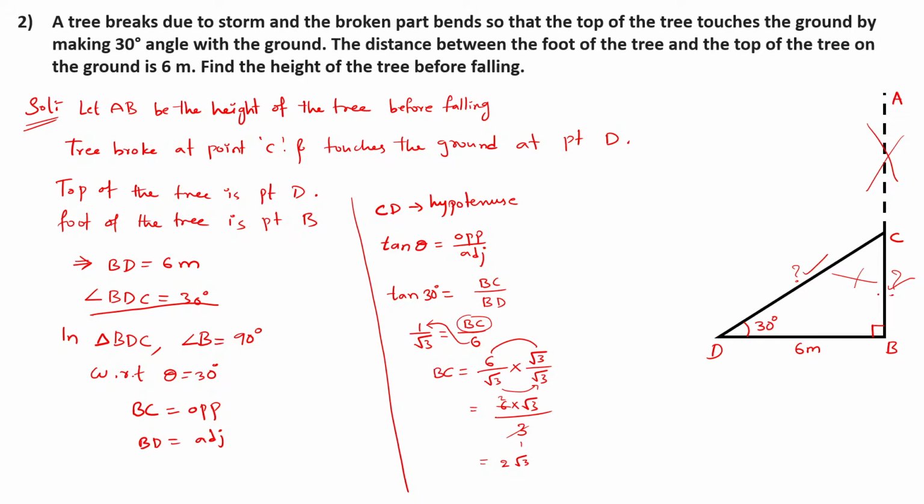Now you have found one part of the broken tree, it is 2 root 3. All right. Now second part. For this, we need to consider ratio sin 30, because here we have to find the hypotenuse. You can use cos 30 also, no issues, no problem.